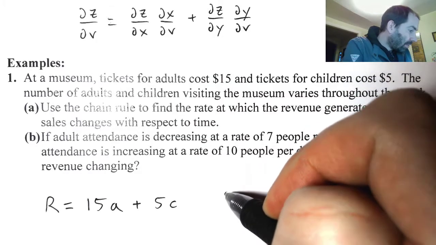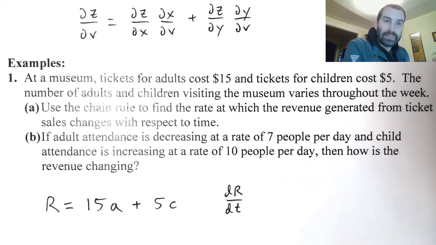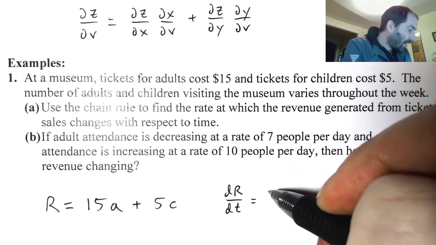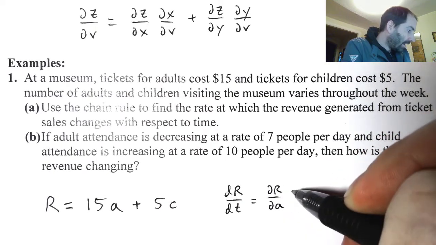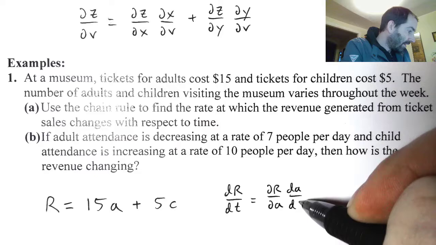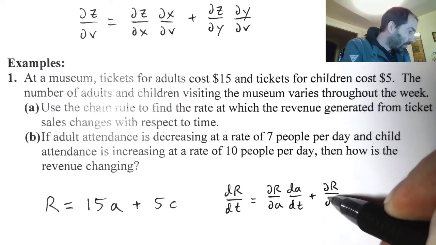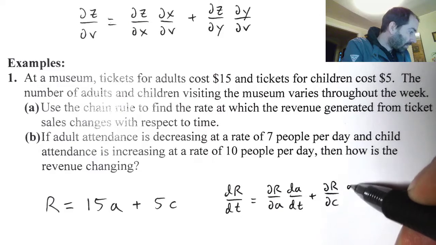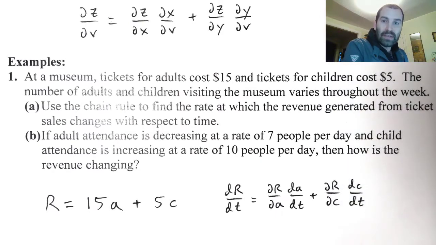If I want to compute the derivative of the revenue with respect to time, I will first take the derivative of the revenue with respect to A and multiply by dA/dt, and then take the derivative of the revenue with respect to C and multiply by dC/dt. Let's see what we get.